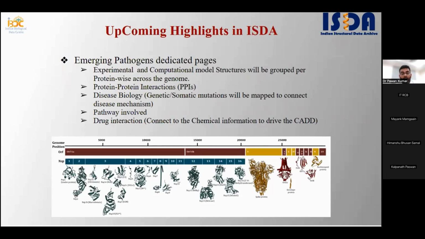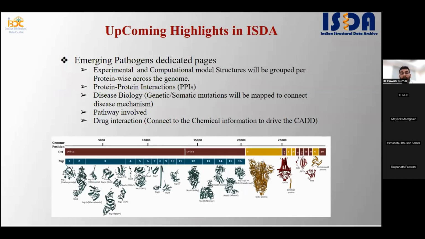So for all emerging pathogens, you will get a specialized solution in terms of the number of structures available across experimental as well as computational model sources. We will also provide protein interaction information within the page, so that users get protein interactions or protein-ligand specialized interactions in one place.